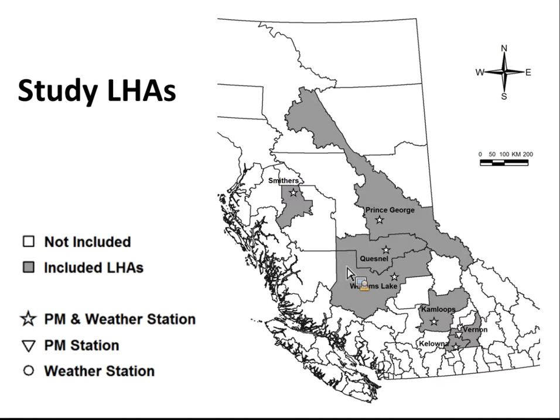Local health area is the smallest health geography in BC, and we are looking specifically at local health areas in the interior with at least 10,000 people living in them. When we apply those restrictions, as well as the community having at least 3 years of overlapping PM10 and PM2.5 data, because here we want to calculate the coarse fraction, we end up with these 7 local health areas.